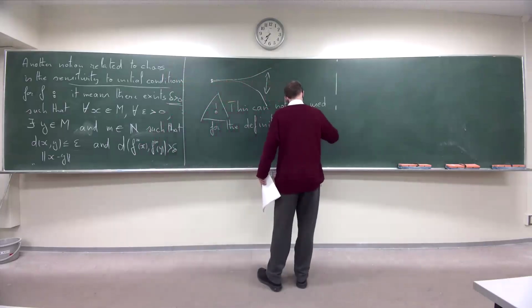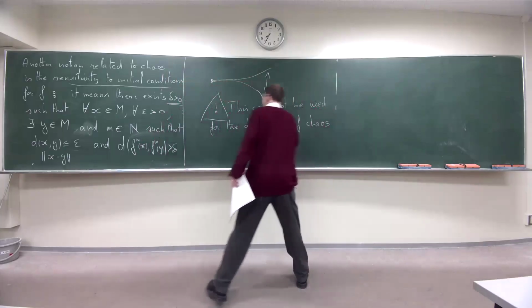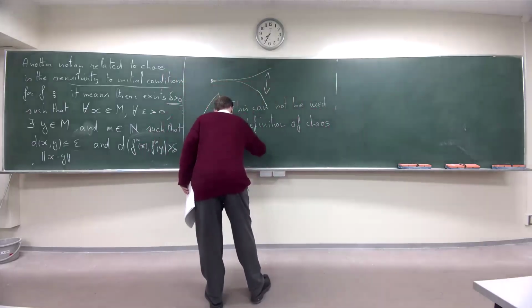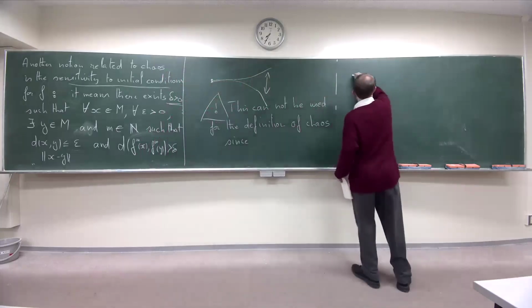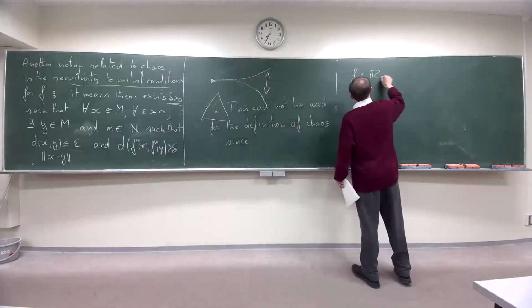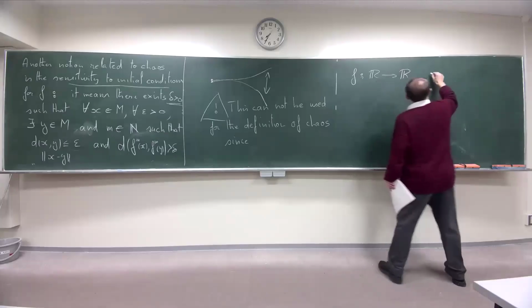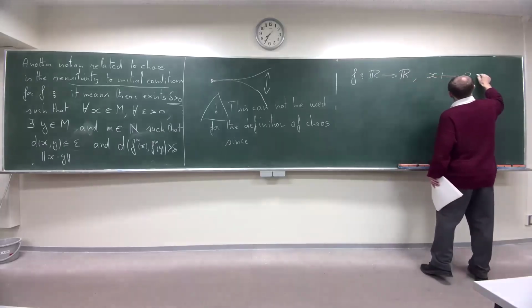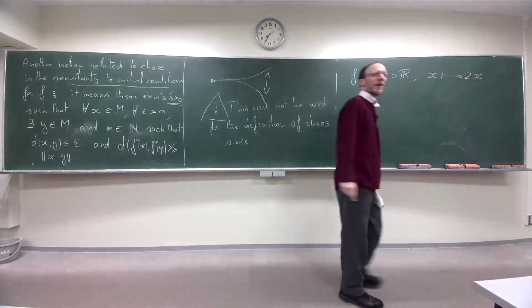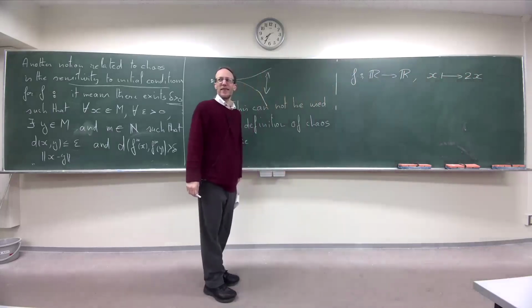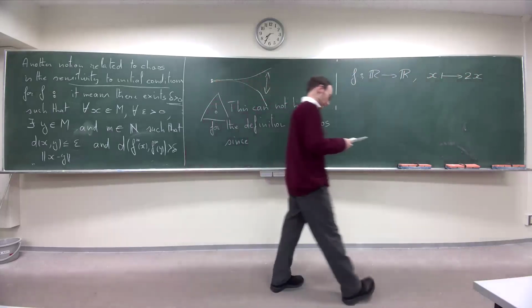For chaos, which I haven't defined yet, since this is an easy exercise, you take the function f from R to R, x goes to 2x, which is not very complicated, and probably you will not say that this is a chaotic function.